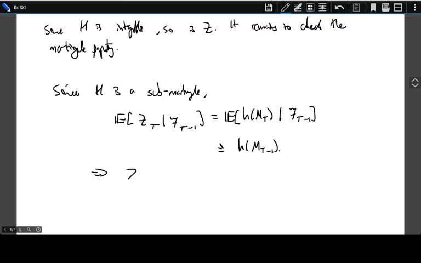Thus, Z at time capital T minus 1, by definition, is the maximum of these two, and so it is equal to the larger.